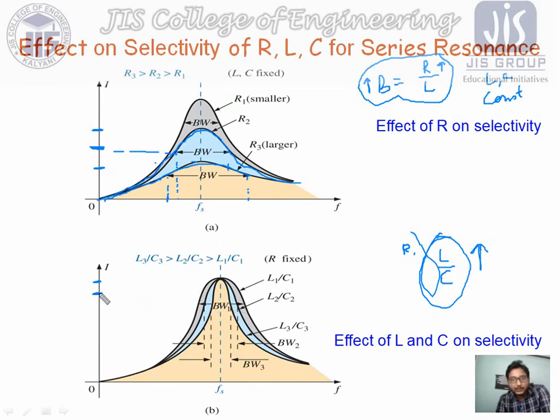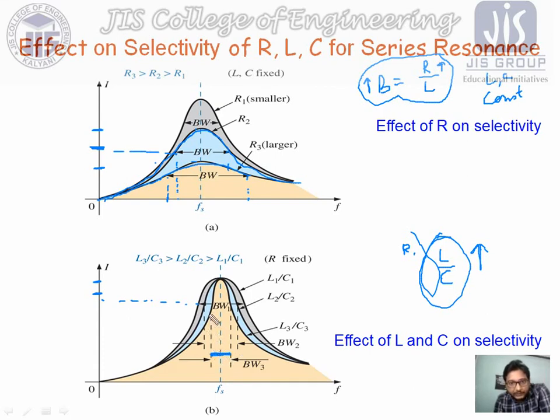For this corresponding RMS value, we can find the bandwidth. For L3 by C3, the innermost graph, the bandwidth is only this amount. This is the bandwidth for L3 by C3, where L3 has the maximum value.